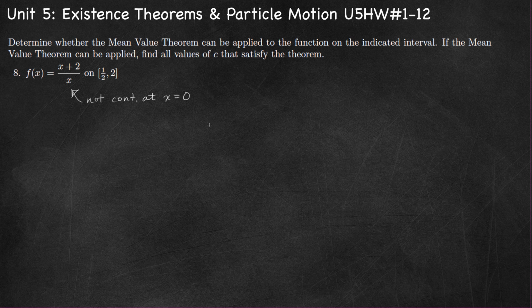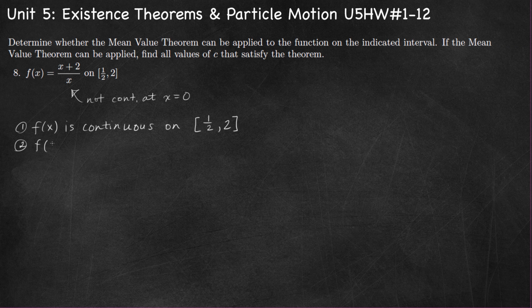It's continuous everywhere except for 0. So is 0 in our interval? No, because our interval starts at 1/2 and ends at 2. So on our interval, this function is continuous. f of x is continuous everywhere except 0, but we only need it to be continuous on our closed interval, so I'm going to write that.